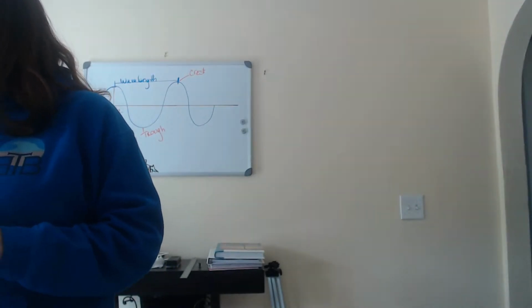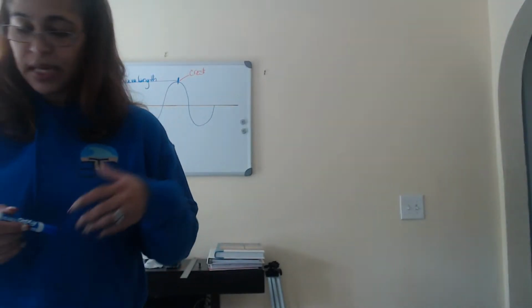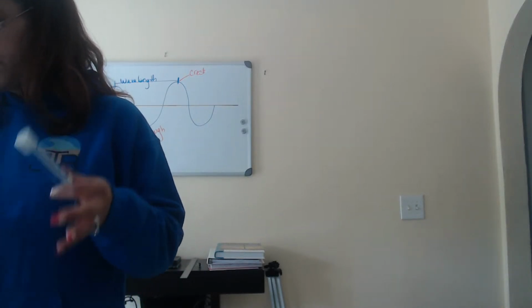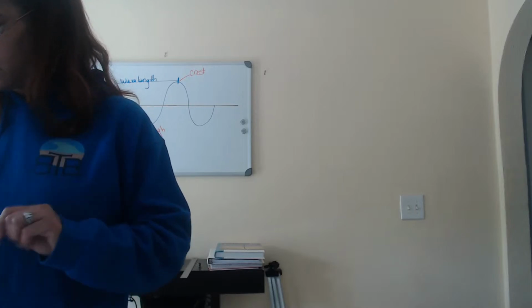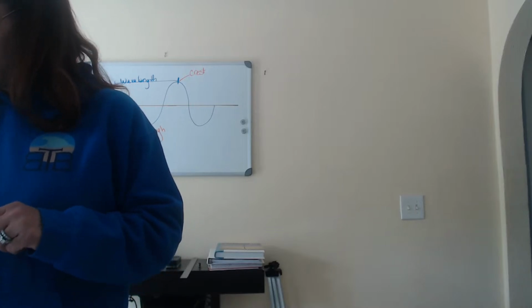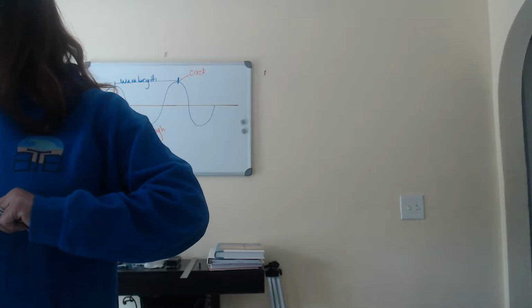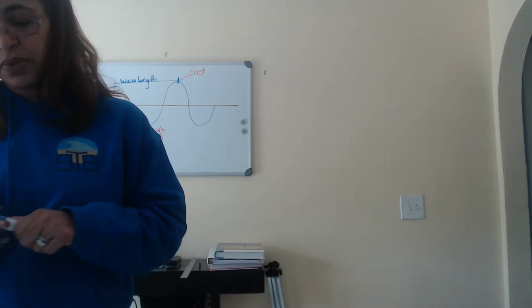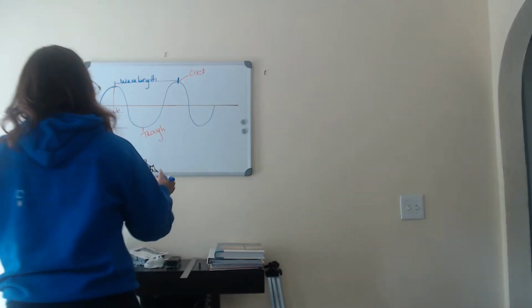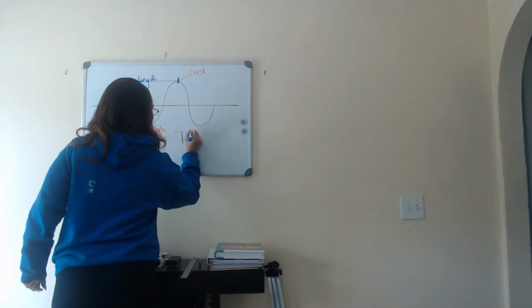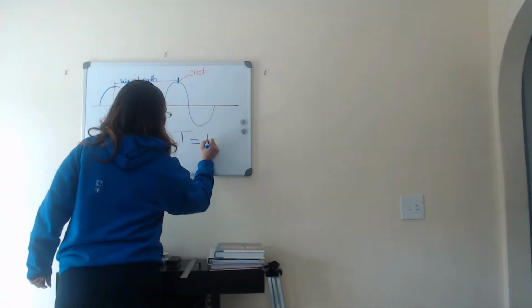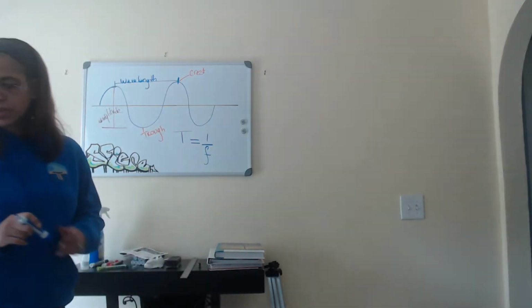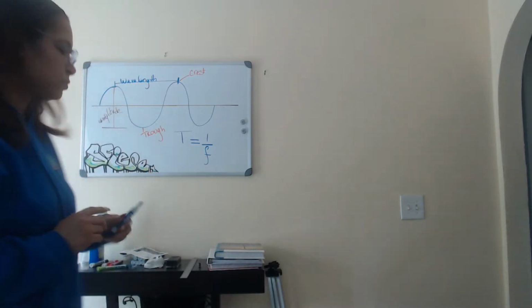And since frequency is the number of cycles per second, the period is the inverse of the frequency. T is the time period in seconds, and F is the frequency in hertz. So time is equal to 1 over the frequency.